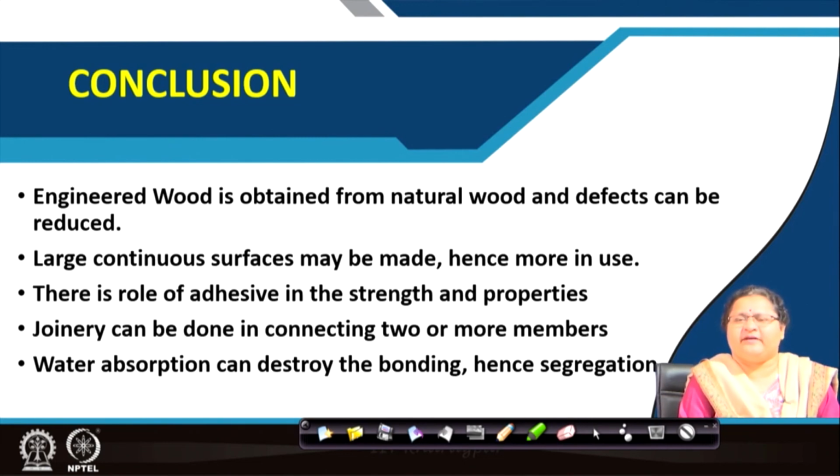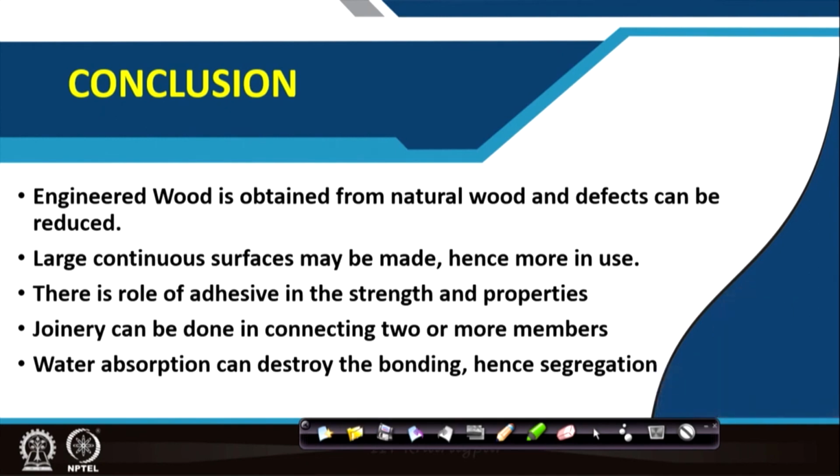Cores made of laminas, block boards, batten boards can go for doors. All internal doors can be made, and we have to look into water absorption and how to check it by use of lipping. So, that brings an end to this engineered wood lecture. Thank you.